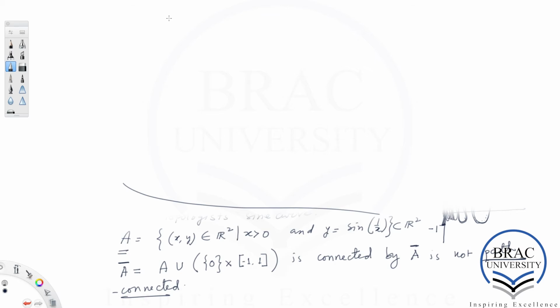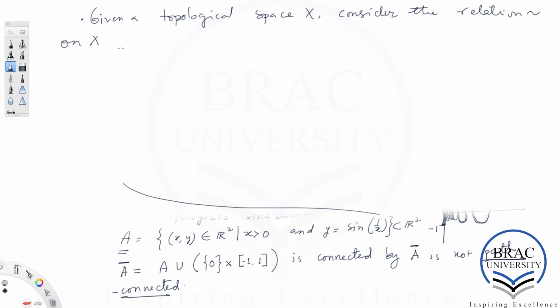Now given a topological space X, consider the relation twiddle on X by: X is declared to be equivalent to Y if there exists a path from X to Y. Okay.